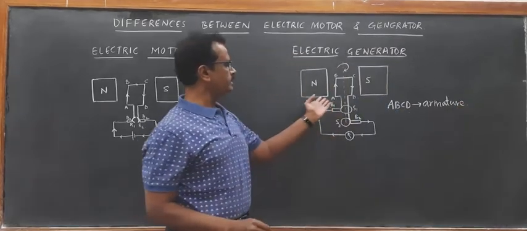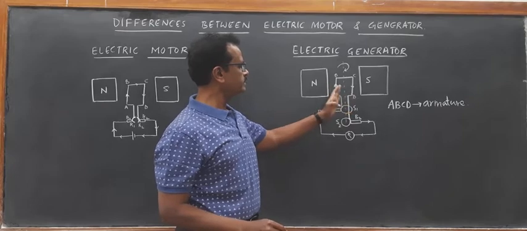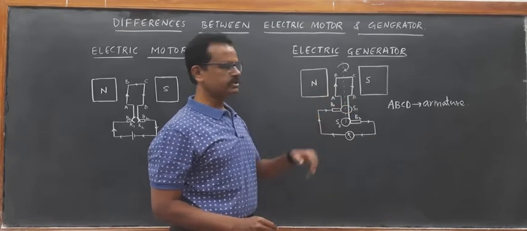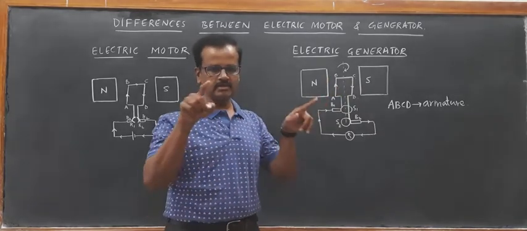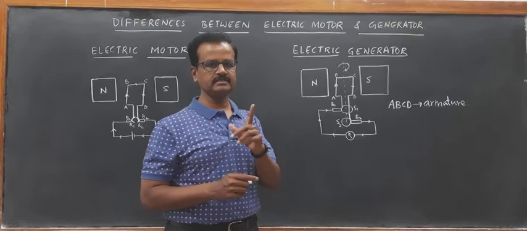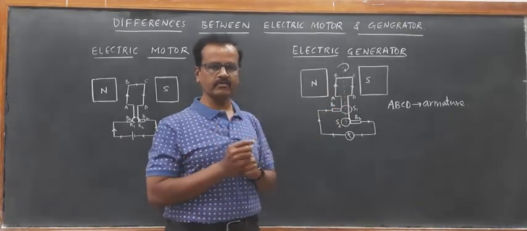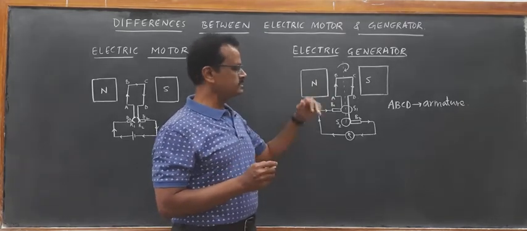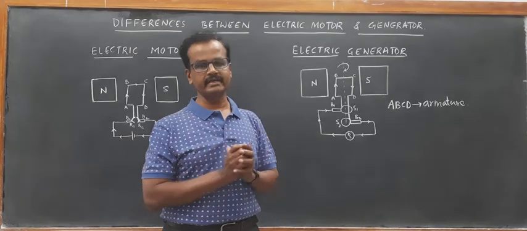The current that is induced by electromagnetic induction in this coil depends on the area of the coil. Larger the area of the coil, more is the current. Second, the current induced depends on the strength of the magnetic field.